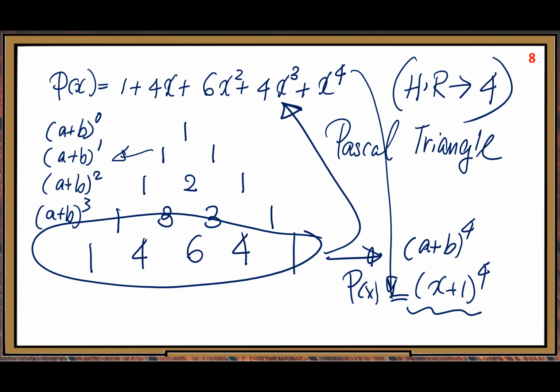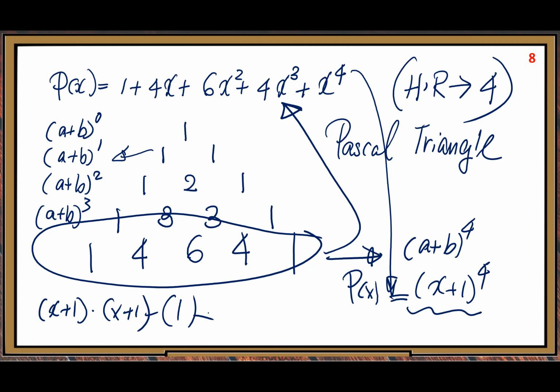Repeated squaring. First multiplication, because we do not count addition. X plus 1, we do not count, because it's so cheap. So x plus 1 times x plus 1 is the first multiplication.